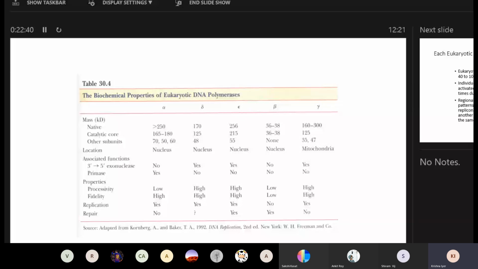In addition, there is an epsilon also, which has the same properties, high fidelity and high processivity, but it does most of its job in terms of repair.